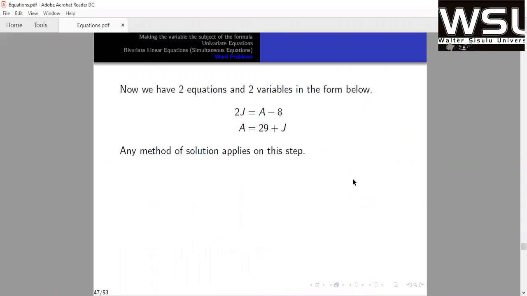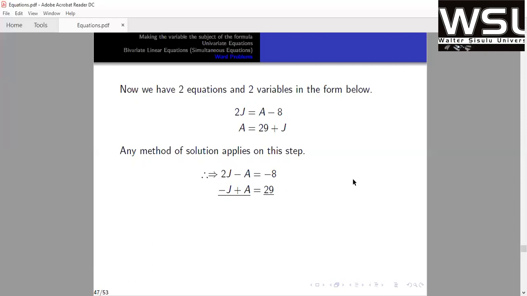We simplify the solution. Remember what we said, you take all your unknowns, put them on one side, all your knowns on the other side, and then you've got 2J minus A equal to negative 8. And then you've got minus J plus A equal to 29.